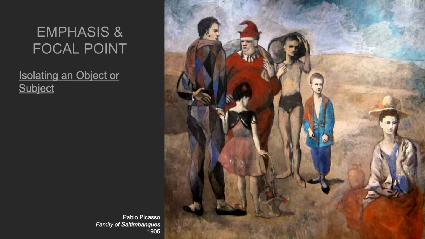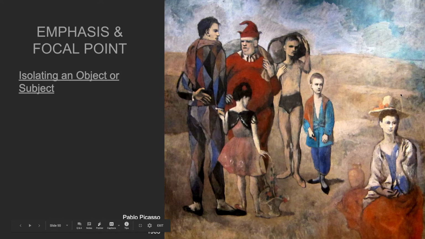What is the focal point of this painting? Think about isolating an object. Well, it seems to me that this woman in the bottom right corner, maybe this boy in his face, but probably I'm looking more at this woman here. Why?